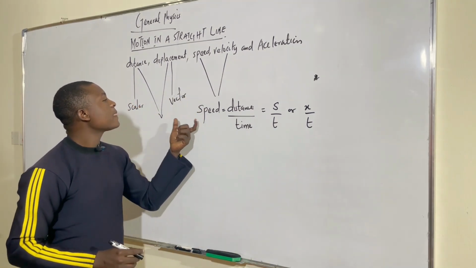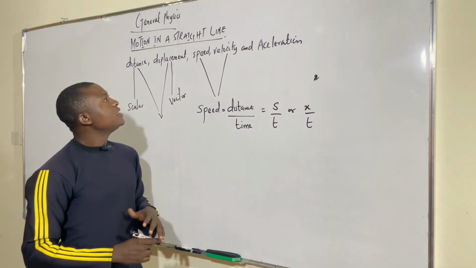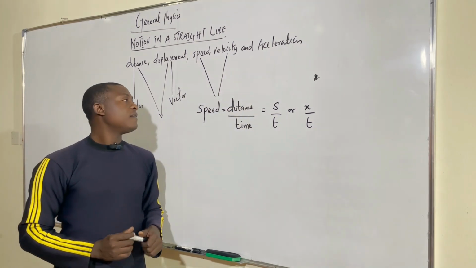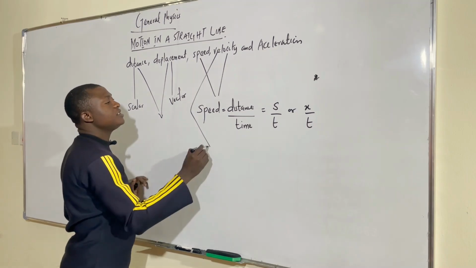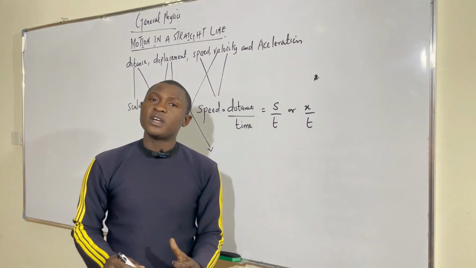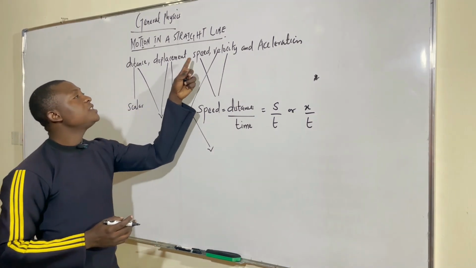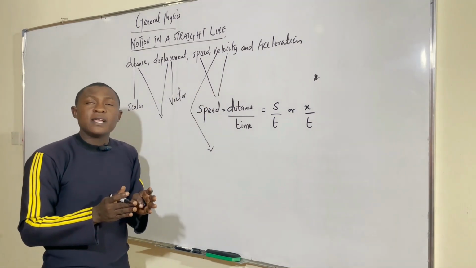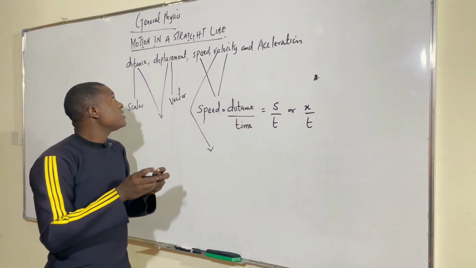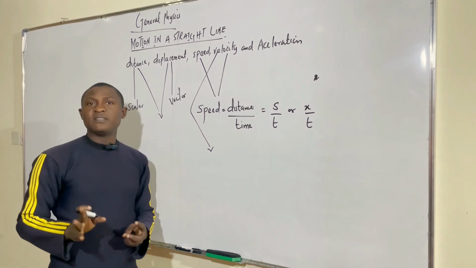So speed is distance over time. Then if you look at velocity as well, velocity is the rate of distance moved in a specific direction. So the only difference between speed and velocity is similar: the two are the same, but speed is a scalar, while velocity is a vector.